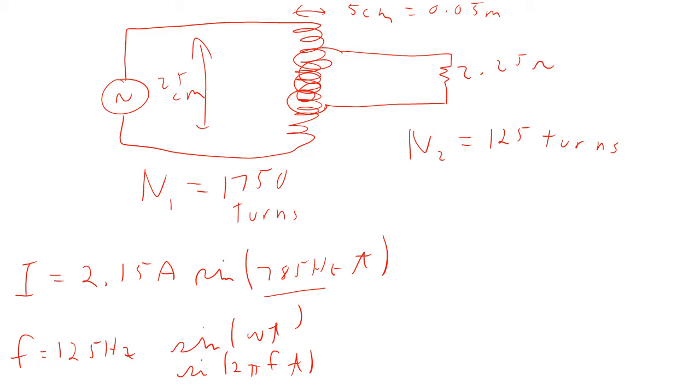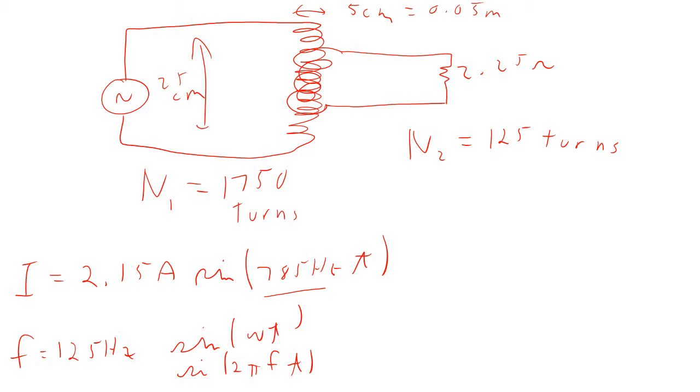And you say, well, the resistor is not directly connected to the power supply, but the primary coil has current flowing through it, and the current is changing. The current flowing through the coil makes the magnetic field change. The changing magnetic field makes the flux change. The flux through that coil is related to the flux of the secondary coil.